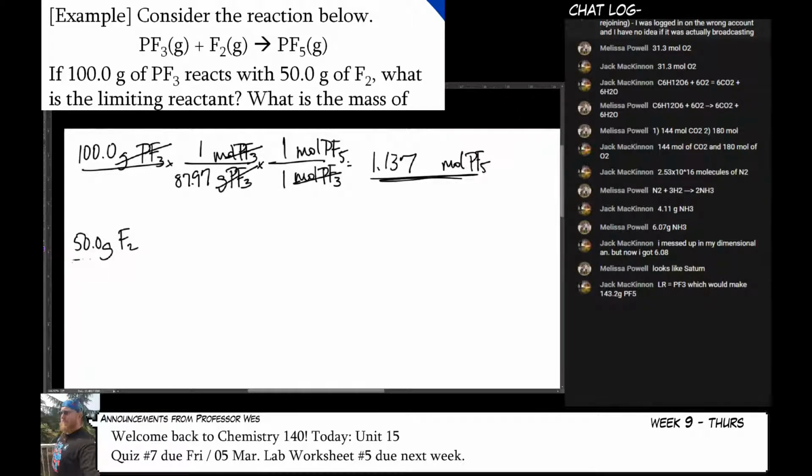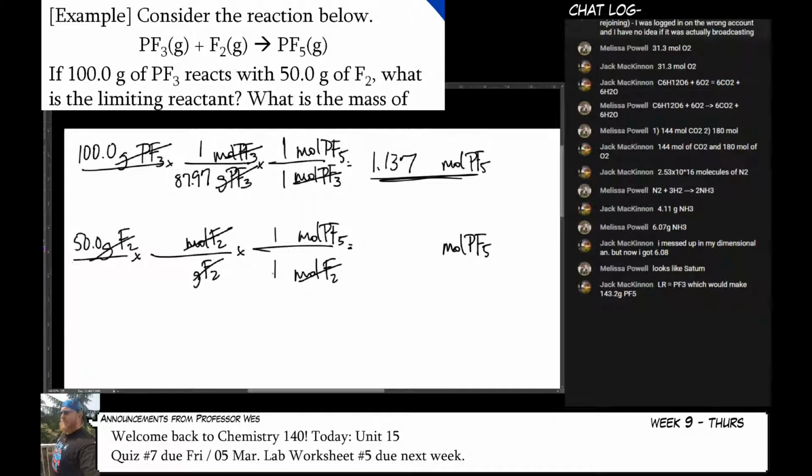All right, we'll do the same thing for F2. So grams will turn into moles, and then I can do moles of F2 and moles of our desired product. All right, 1 to 1 ratio here.